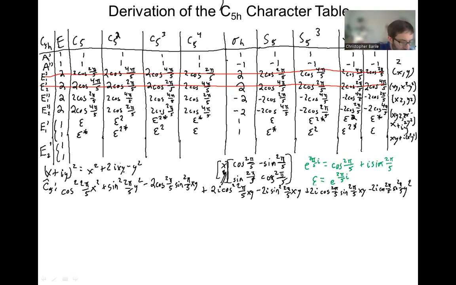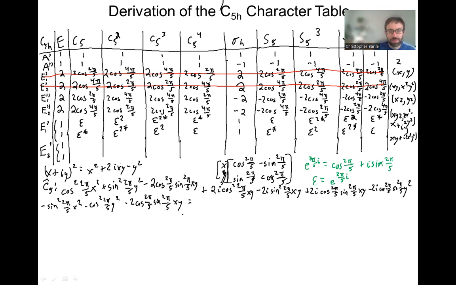So now we've done plus 2ixy. Now I have to do minus a y squared. So we're squaring this, FOILing this part out, and we get minus sine squared. Remember, it's minus everything because we're subtracting x squared. Sine squared 2 pi over 5 x squared minus cosine squared 2 pi over 5 y squared minus 2 cosine 2 pi over 5 sine 2 pi over 5 xy.